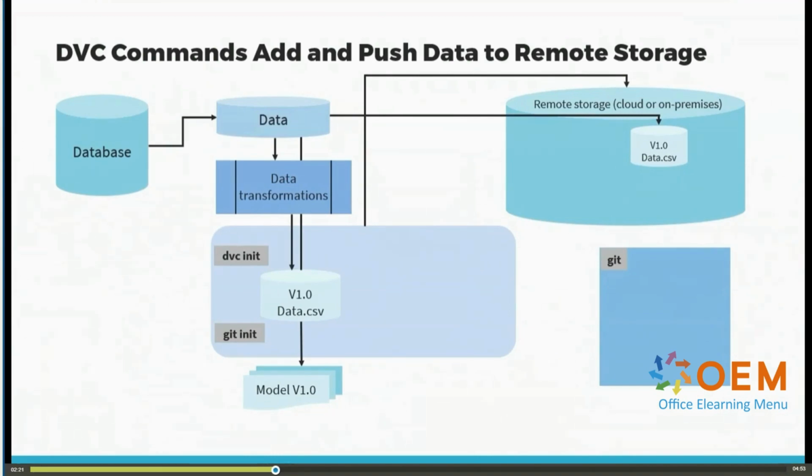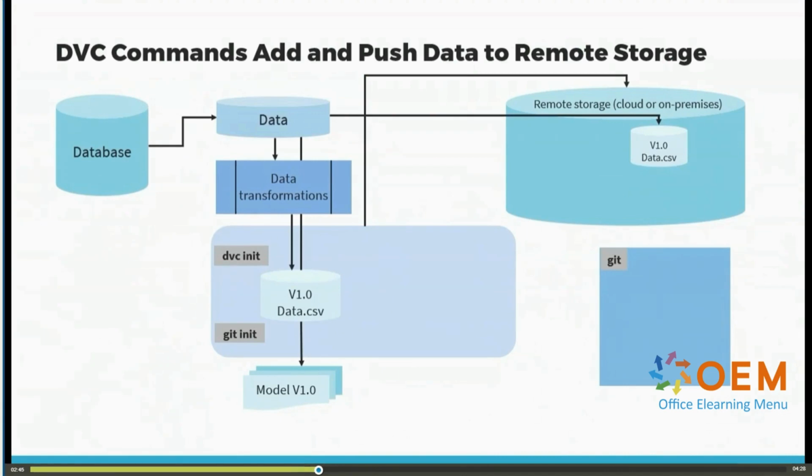It's worth mentioning that we have dvc init and git init, we have dvc add and git add, and we have dvc push and git push. However, even though we have a git commit, there's no dvc commit. That makes sense when we stop to think about it, because DVC does not draw a distinction between a local and a remote repository. Everything in DVC is geared towards remote storage.